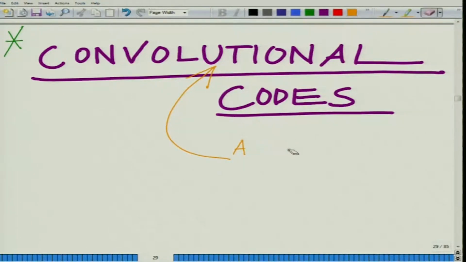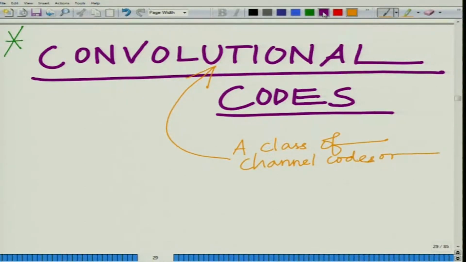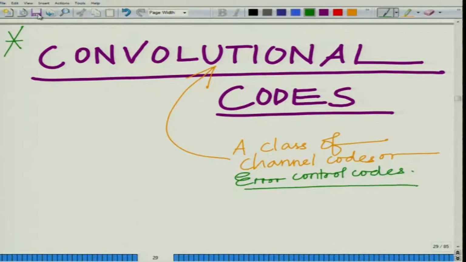And we have seen a channel code is basically nothing but a paradigm which introduces systematic redundancy to recover from errors introduced by the channel. These are also known as error control codes.